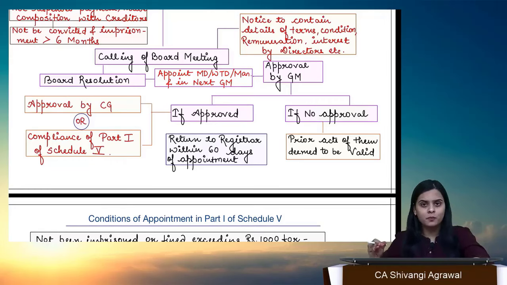Now, one more thing that is given in Schedule 5, although it is given at the end, but I am discussing it with you right here. A person is a managing director in 2 companies. We usually think that we have to check limits for the respective companies only. That means he is an MD of A Limited, we have to check the maximum managerial remuneration in A Limited.